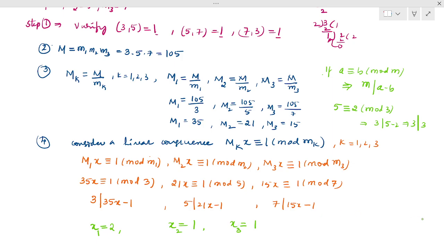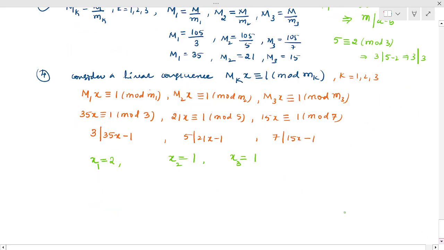Fine. Now finally step number 5 is general solution, or the unique solution we are going to write. What is the unique solution?